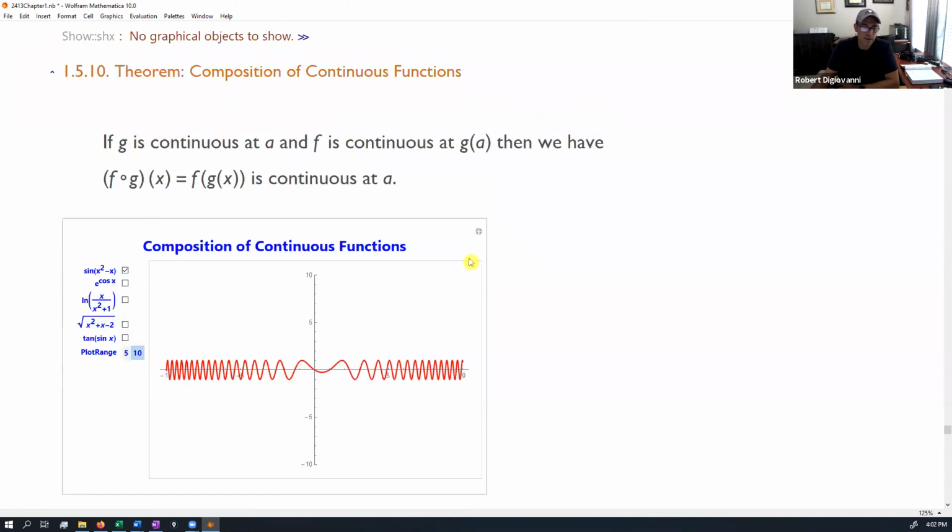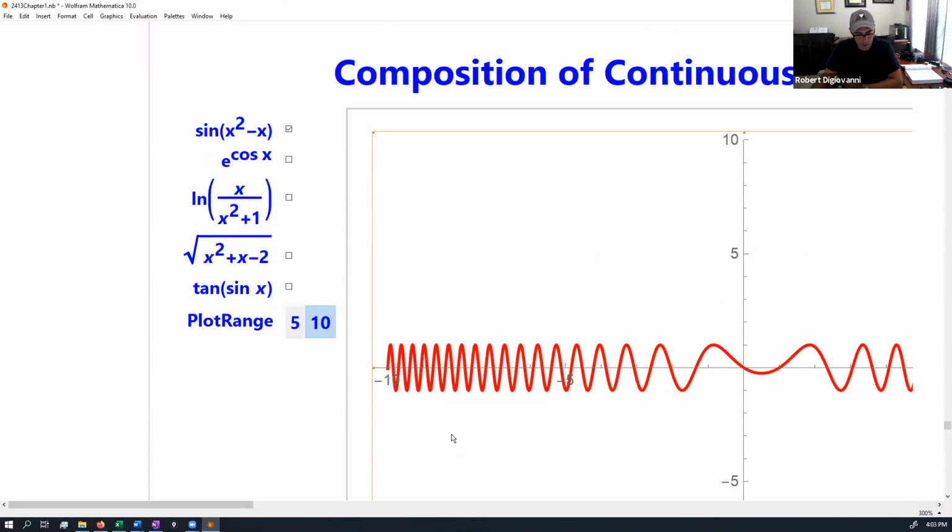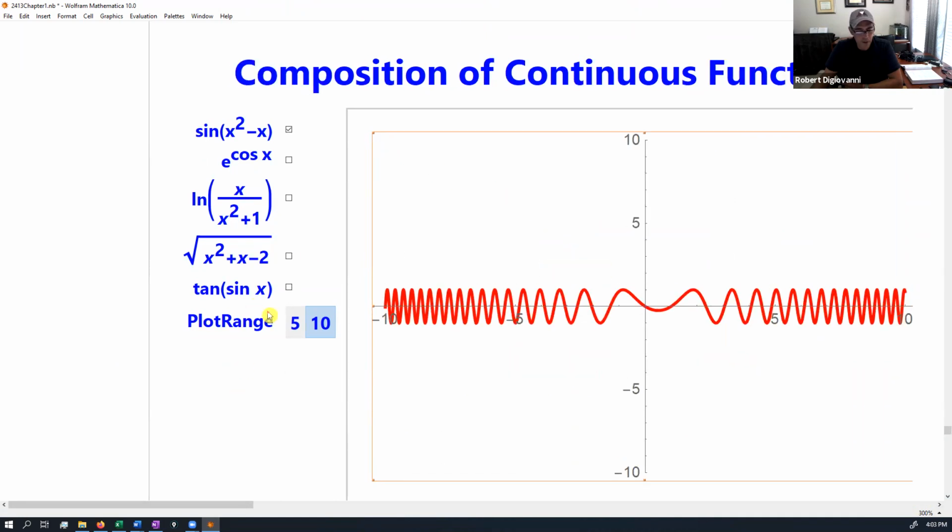Another property is that if you take two continuous functions and compose them together, that means put one inside of the other one, you should still have a continuous function. So I've given you some examples here. I'm going to make this a little bigger so you can see this. Oh, that's a lot bigger. Maybe too big. There we go. So what you're looking at right here is the graph of sine of x squared minus x.